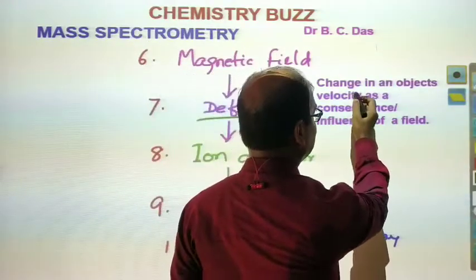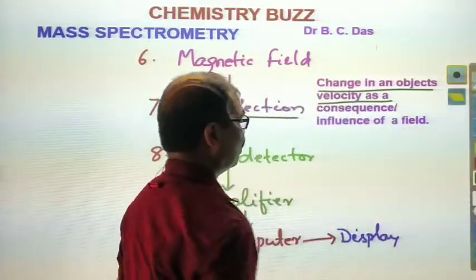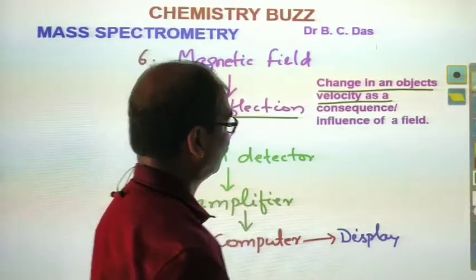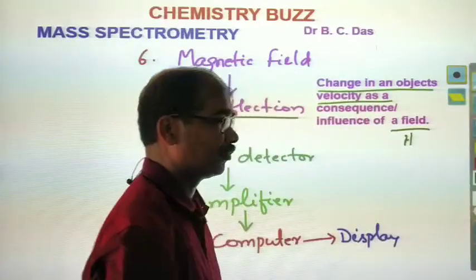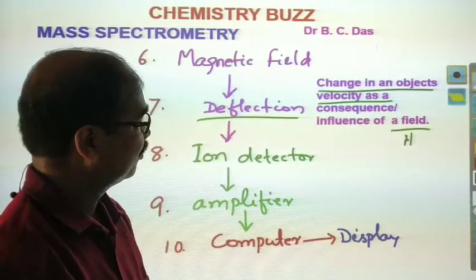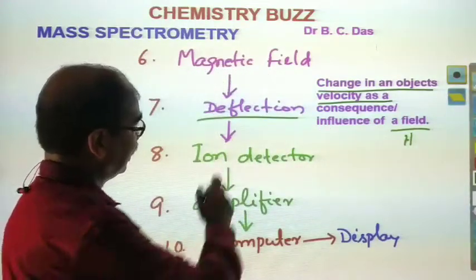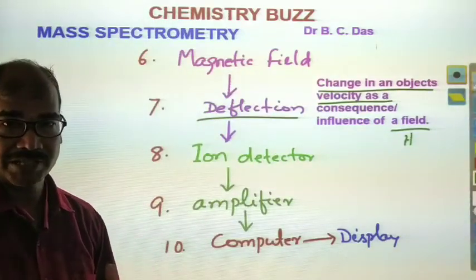The deflection is the change in an object's velocity as a consequence of the influence of a field. Here, the field is the magnetic field. When the radical cation or the cation passes through the magnetic field, it is deflected according to its mass.